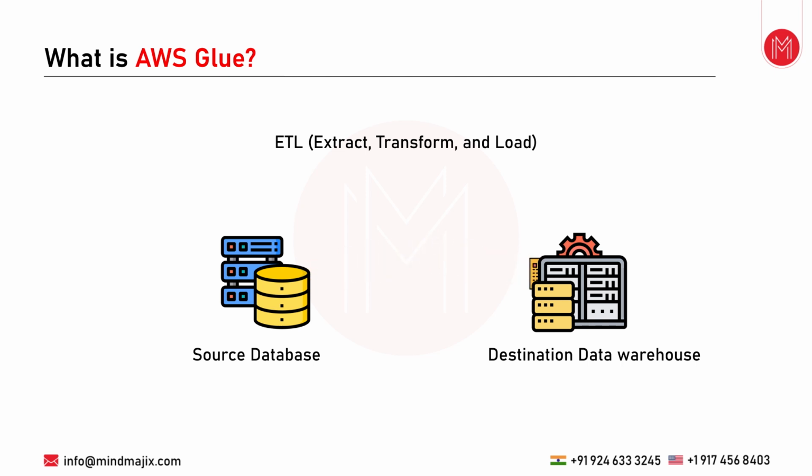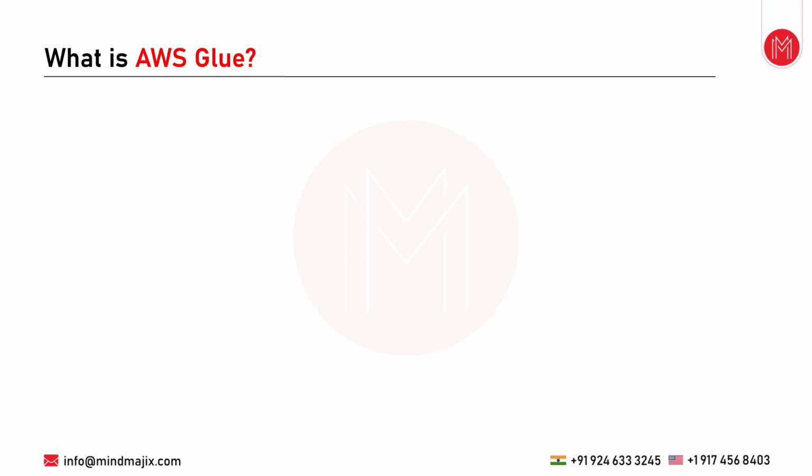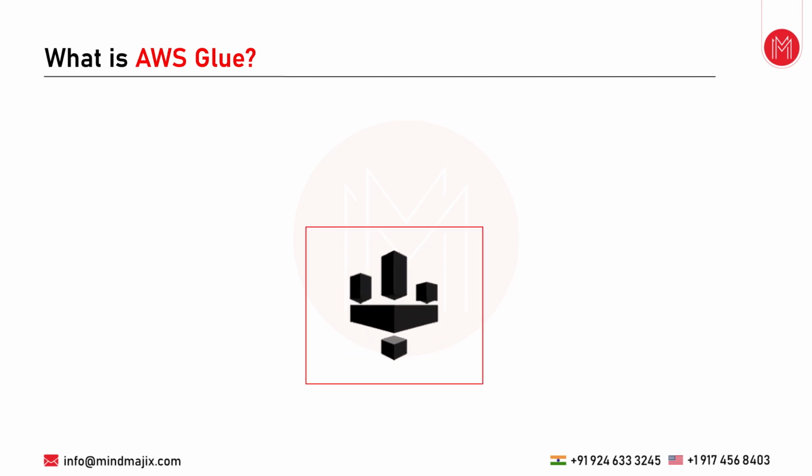AWS Glue is a solution to the problem, which is nothing but the complexities of the ETL process. So what is ETL? ETL is nothing but extract, transform, and loading of data. Now if you talk about the definition of AWS Glue, AWS Glue is a fully managed ETL service.